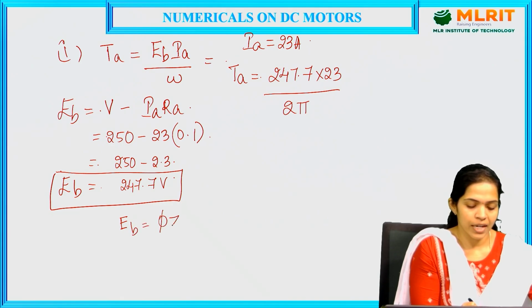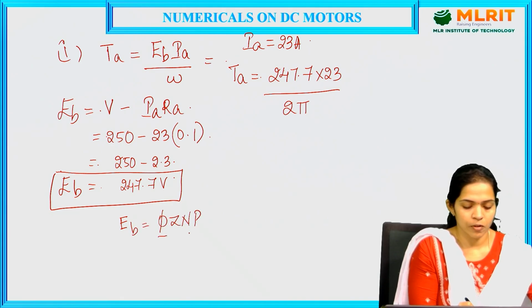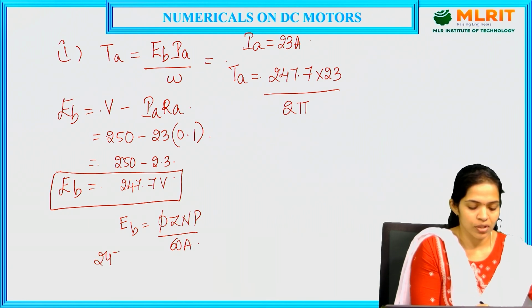EB = phi Z N P by 60A. We got our EB value as 247.7.